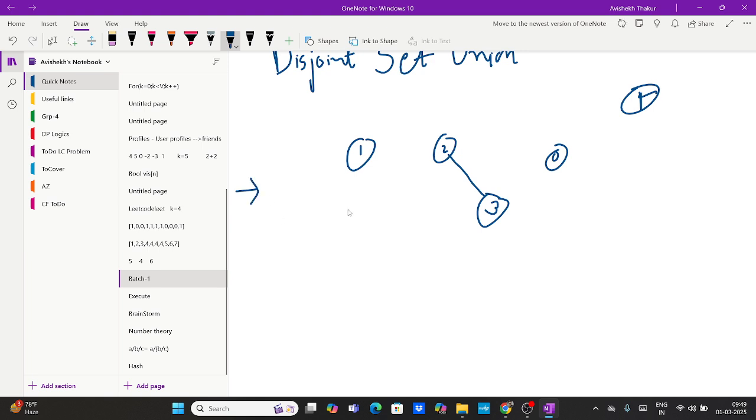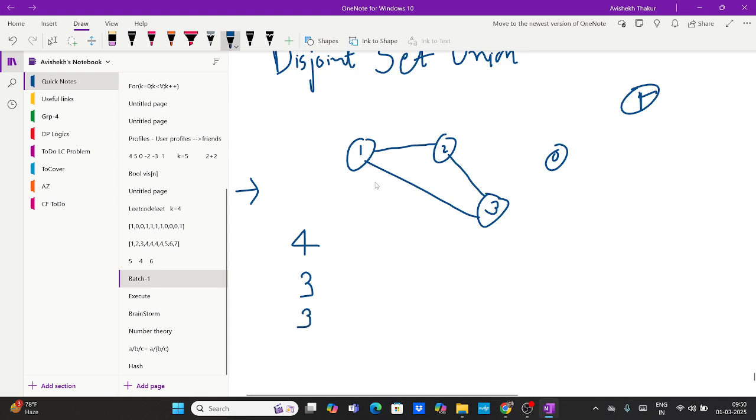Four. Now again I will ask you to merge 1 and 2. Now how many components? Three, correct? Now if I ask you to attach 1 and 3, how many components are available? Still 3, right?